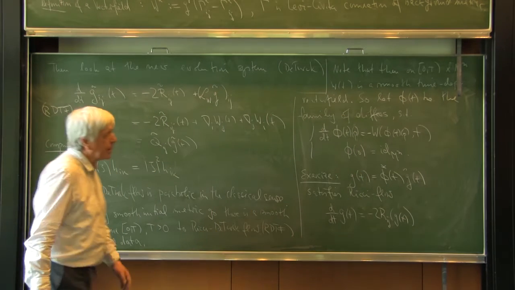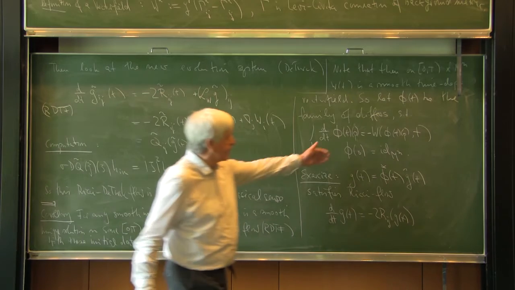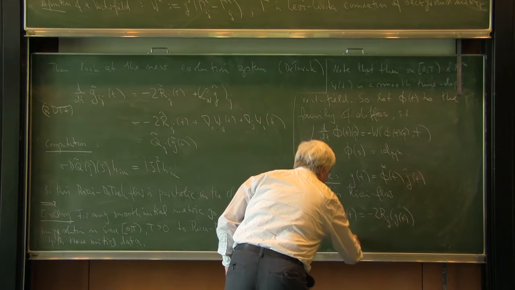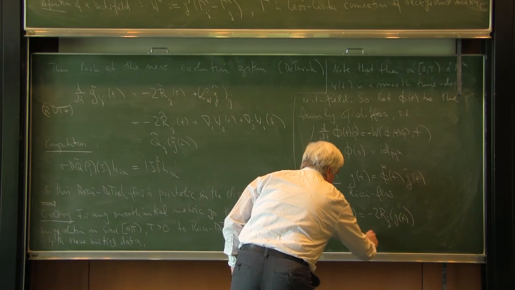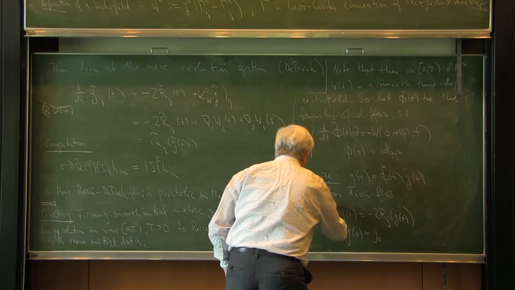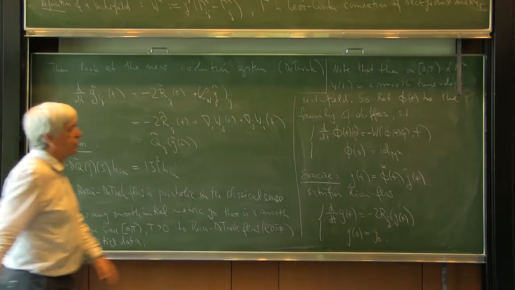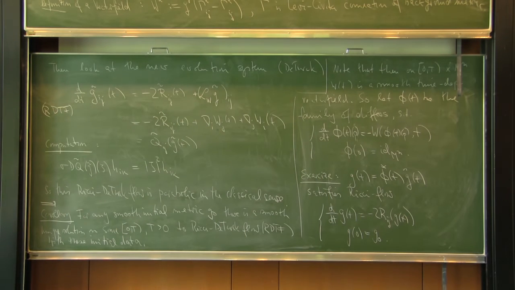Okay? And of course, because it's the identity here, we then have g of 0 as g0. So we solved our original problem.